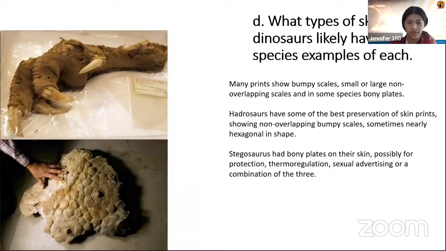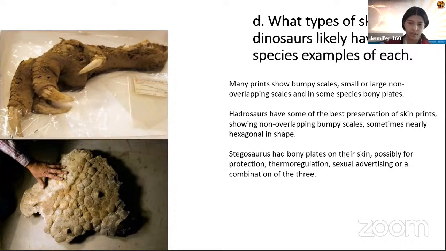What types of skin did dinosaurs likely have? Give species examples of each. Well, many prints highlight bumpy skin or large non-overlapping scales in some species, and bony plates.